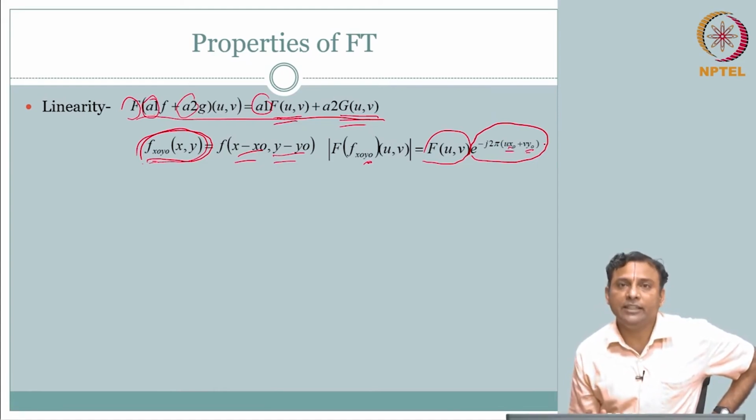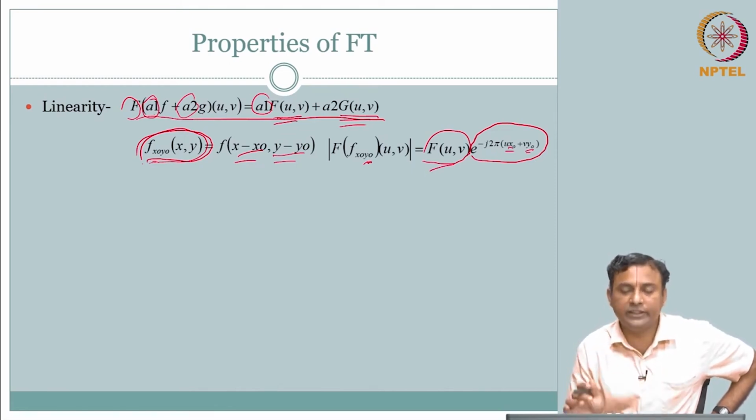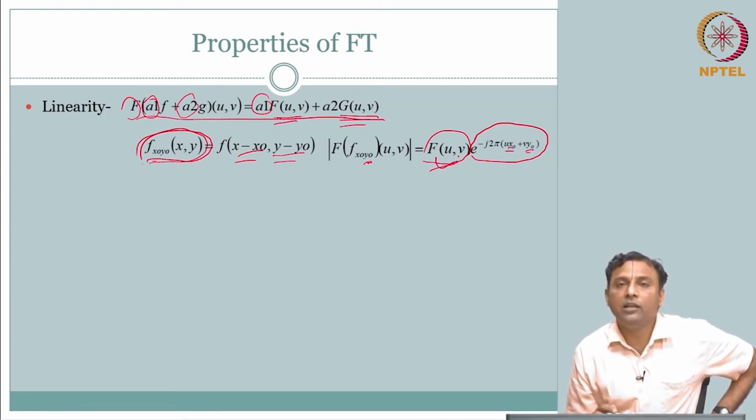That means if I shift the signal, the magnitude of the Fourier transform does not change. It is still F of u comma v. But what changes? It reflects in the phase shift, in your exponential. So that is your phase shift.